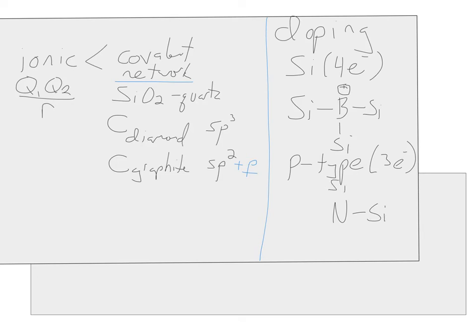Nitrogen has 5. So it has this extra electron that's negative, that's going to give me n-type. So what types of atoms can give me n-type or p-type doping in silicon semiconductors? What that allows us to do is get extra electrons, moving charges in a system so that we can generate electricity.